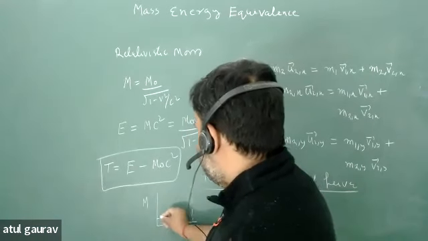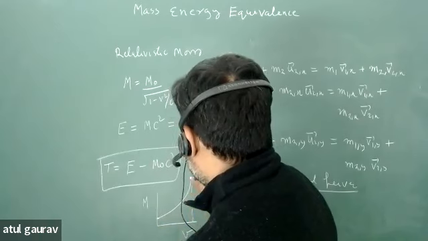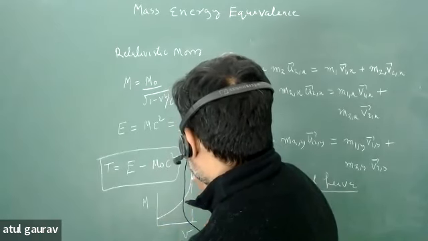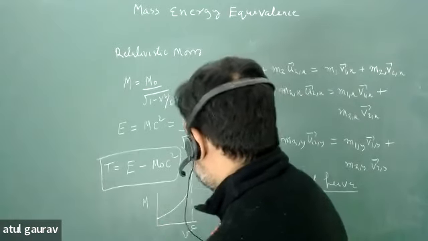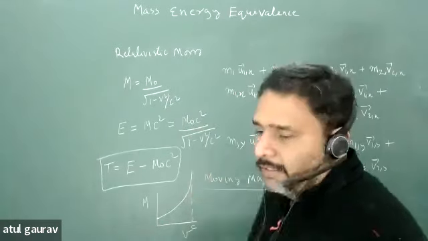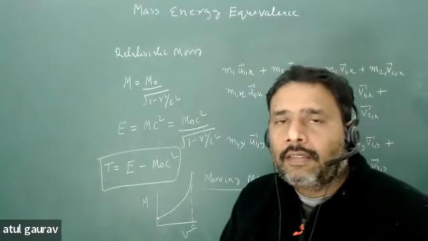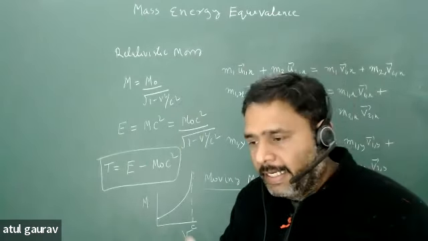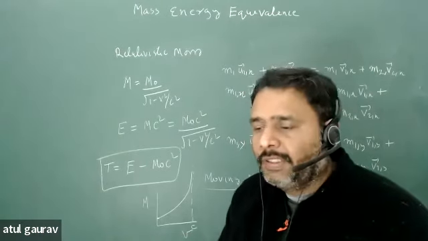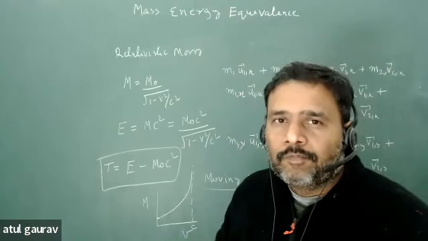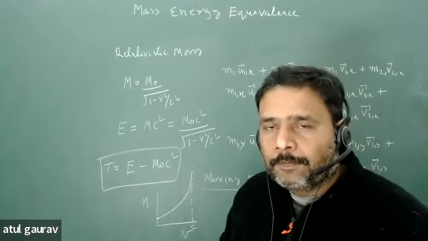So this is my rest mass, and as v increases, the curve will saturate, but it will never touch c, and this will be c. But it will never touch c. Why? Because we have one particular argument also, that any material particle cannot achieve the speed of light. Everyone is comfortable?